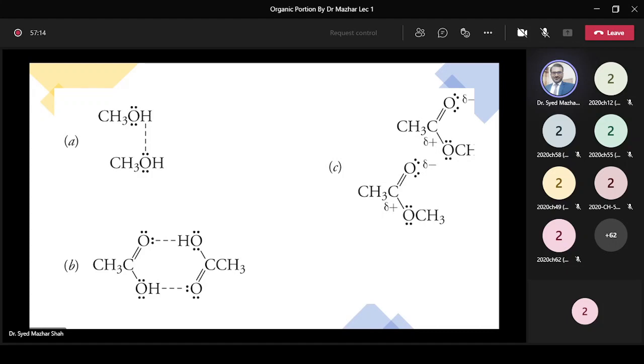Most of you already answered correctly that it can be nitrogen, oxygen, fluorine, or similar elements which have very high electronegativity. When they are bonded with hydrogen, then those molecules can have hydrogen bonding. Of course there are dipoles, but if the dipoles are very strong and they involve hydrogen, then we term it hydrogen bonding.